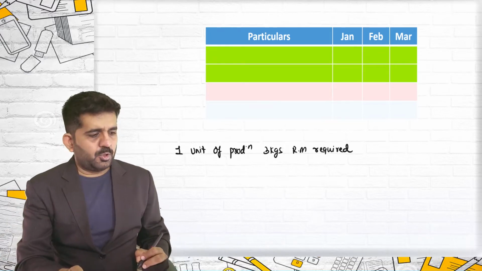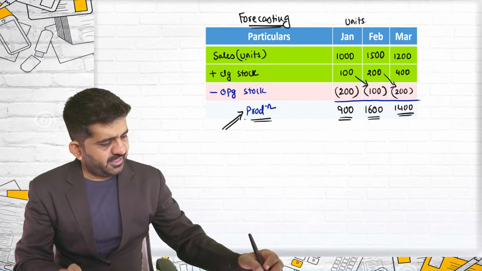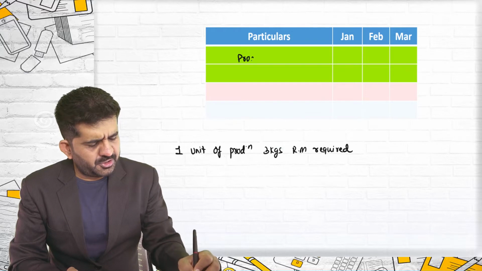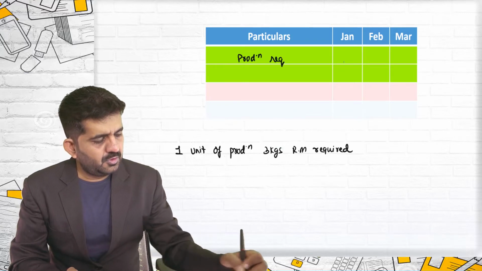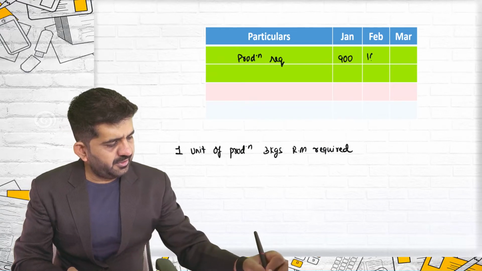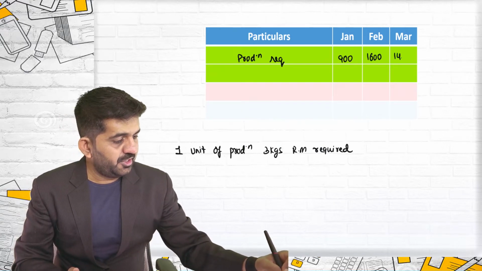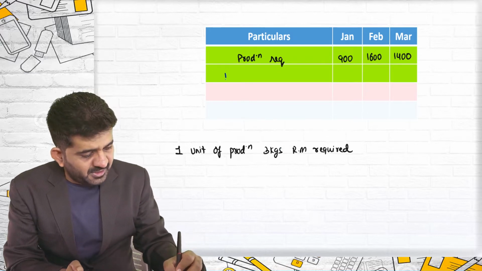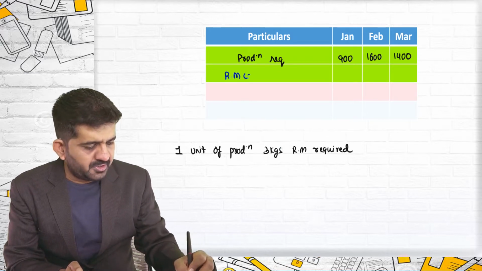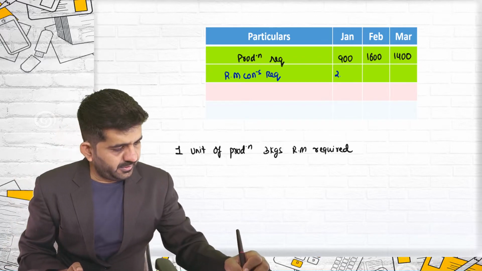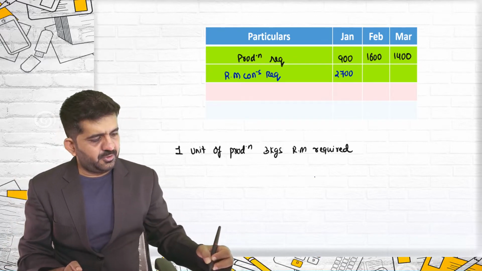So let me see what production required was in our example: 900, 1600 and 1400. So what will be the raw material required? Raw material consumption requirement is 2700 kgs.